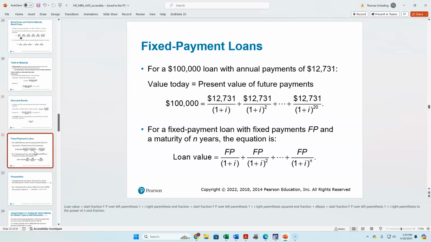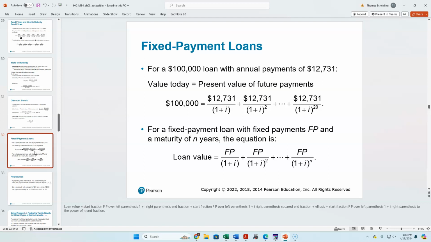Let's say that it's a $100,000 car. It must be a nice car. They would say, you can get this $100,000 car, and it's only going to cost you $12,000 a year for the next 20 years. And people would do it because they'd be like, dude, I don't have $100,000, I'll just pay $12,000 a year for the next 20 years.